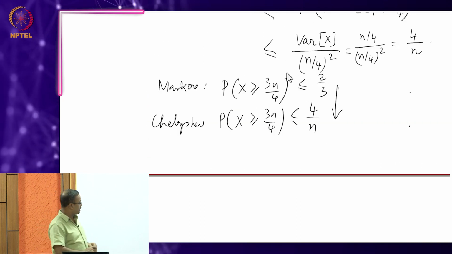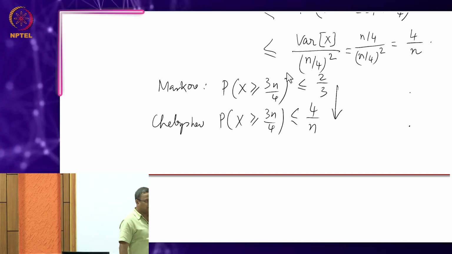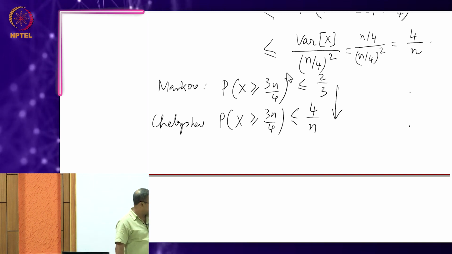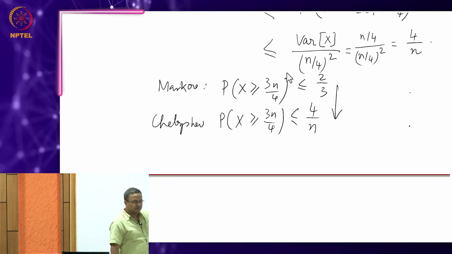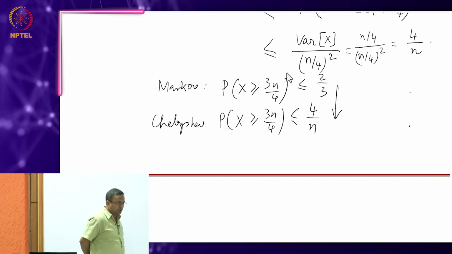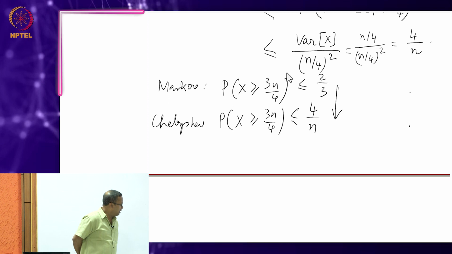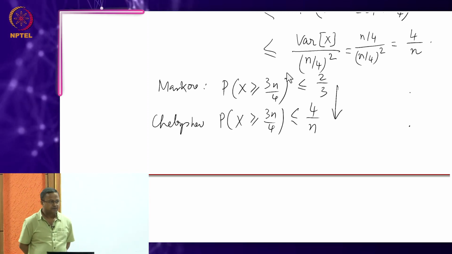From Markov, what we got was that x greater than equal to 3n by 4 had a probability of 2/3. There was appreciable improvement in Chernoff, it was almost a 1 by n inverse polynomial. Let us see what Chernoff gives us.